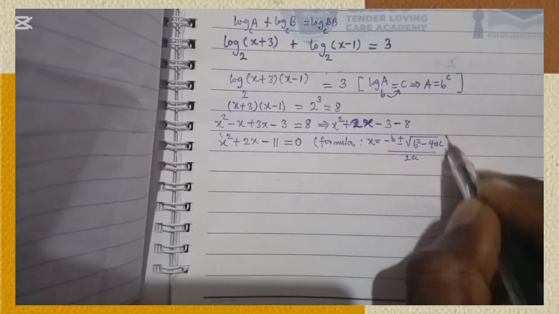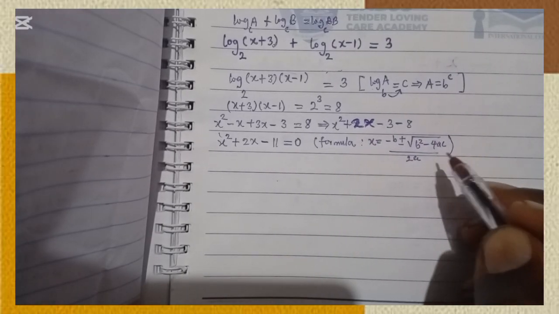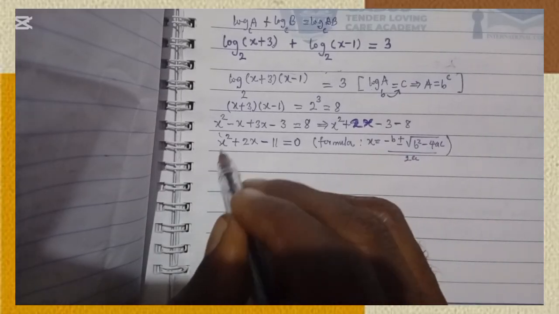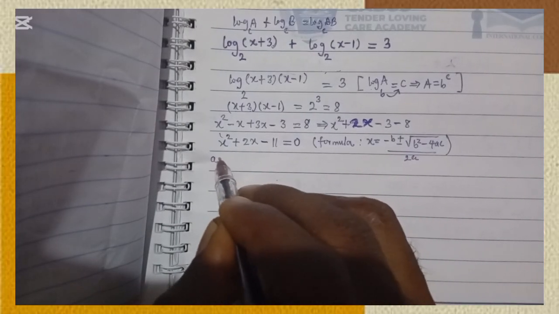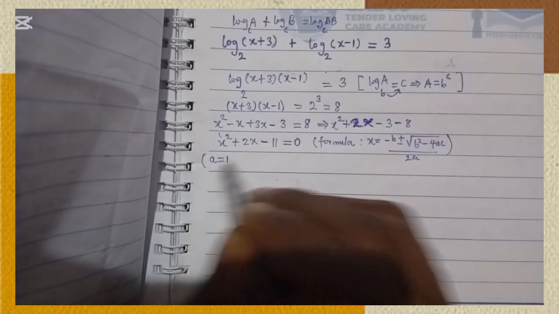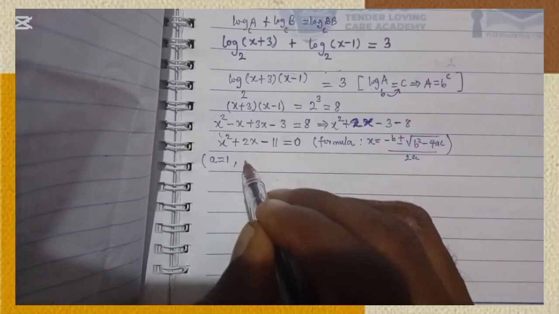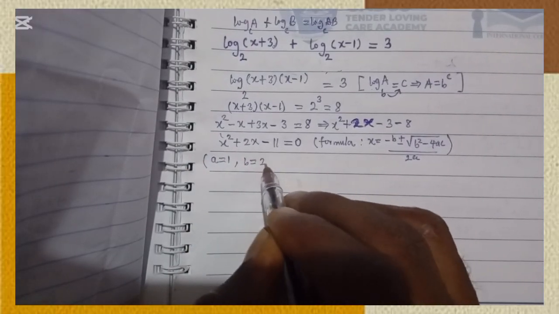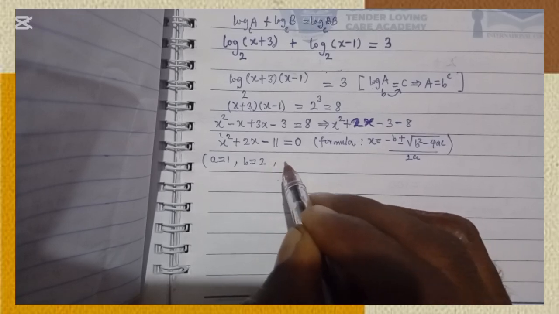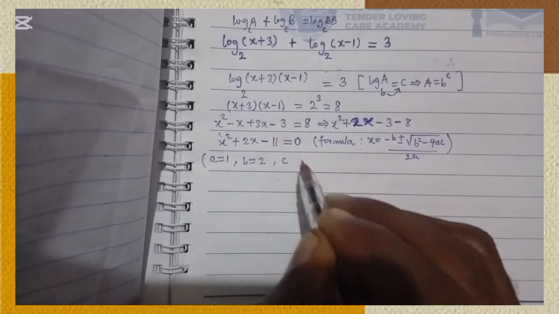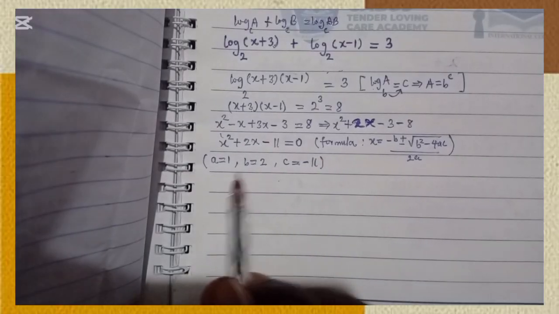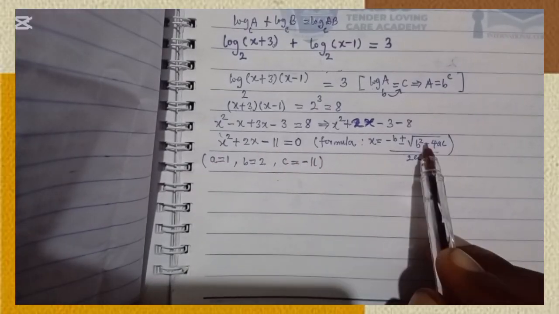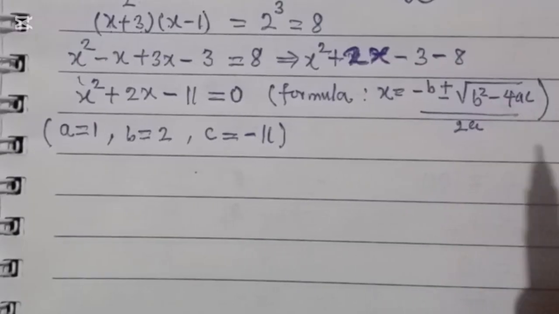This is the regular formula for solving a quadratic equation. So we simply have to find out what a is. a is the coefficient of x squared, so a is equal to 1. b is the coefficient of x, so b is equal to plus 2. I hope you're following along. Then c is the last term, a constant, which is equal to minus 11. When you substitute all these values into the formula, you get the value of x.